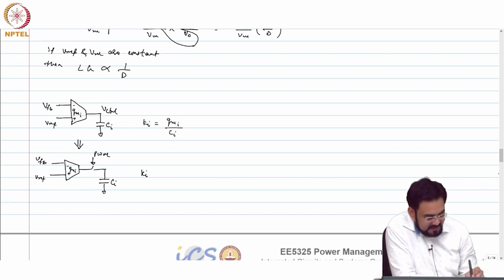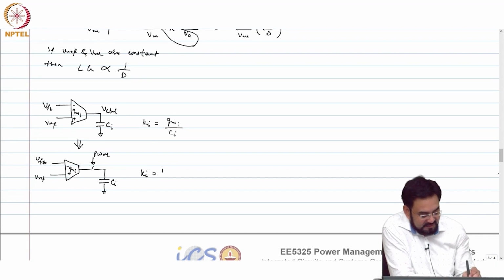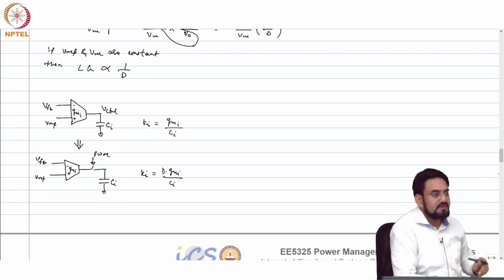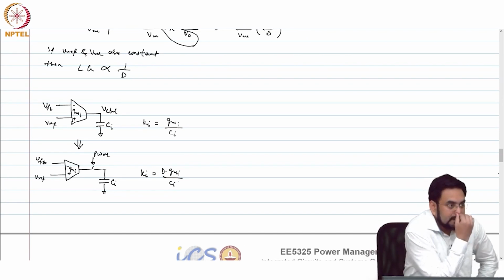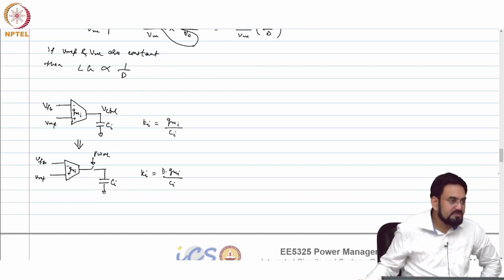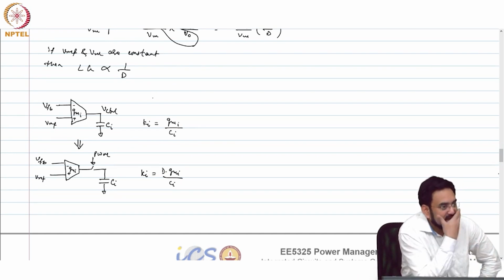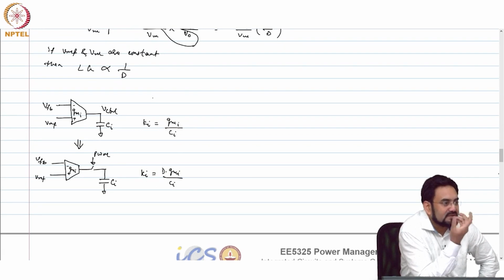What will be KI? Can you tell? D times? Okay. So your loop gain will be proportional to D, and here you have an inversely proportional to D, so they will get cancelled out. So the effect of duty cycle will be 0 in your loop gain. Okay. So there will be no effect as such.